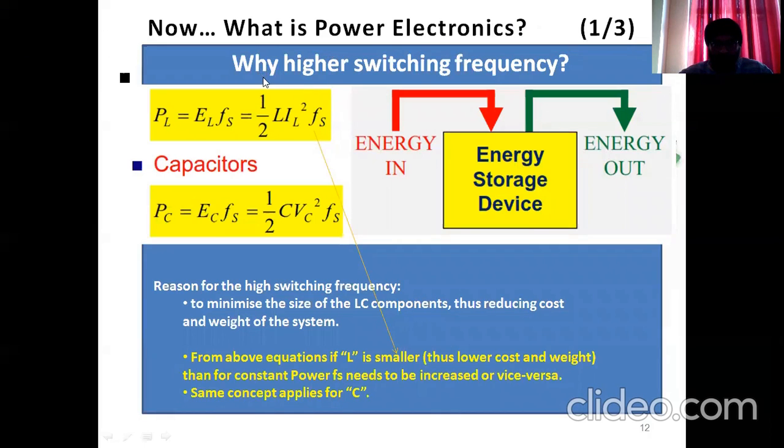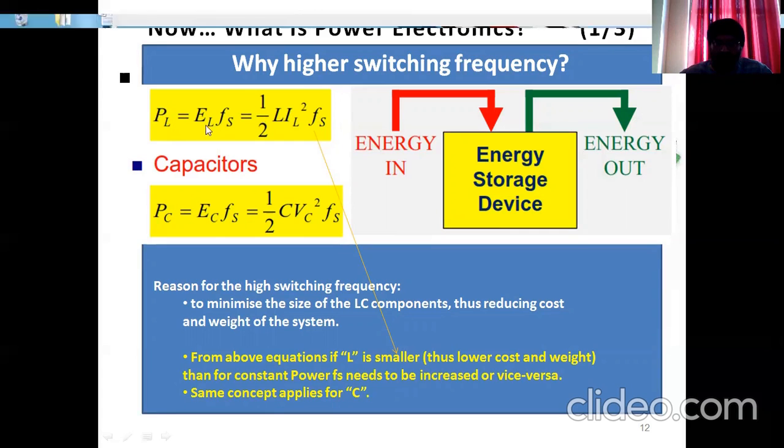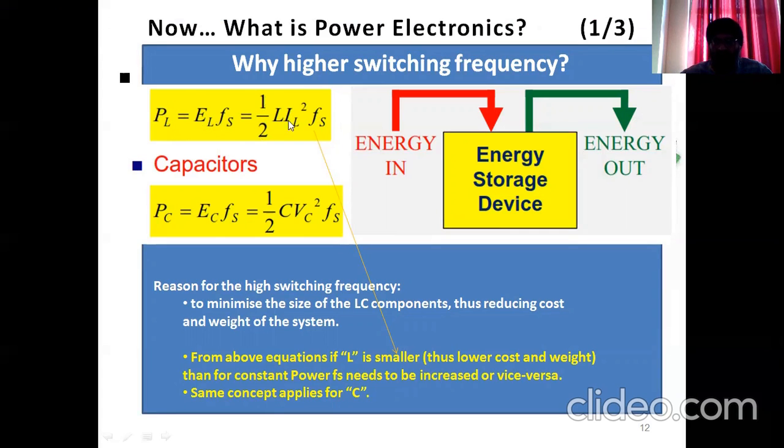Again, talking about the frequency, why do we go for high frequency in power electronics? I thought I would first give you an idea of why we go for high values of switching frequencies, because we will be using these in power converters or power processors. We already know this equation: the energy in an inductor is half L i squared.